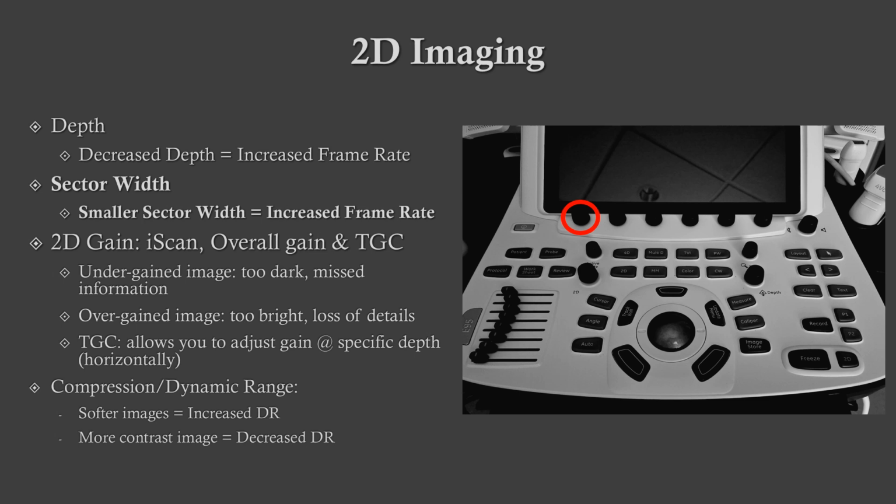Let's move now to sector width. Adjusting the sector width will also increase or decrease the frame rate. Smaller sector width will increase the frame rate as compared to a wider sector width that will decrease your frame rate.